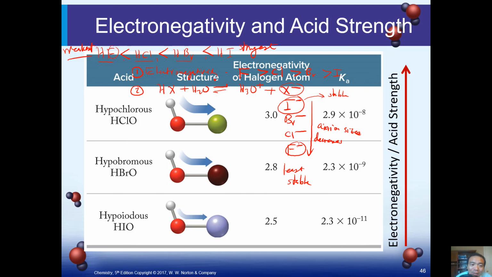So for this reason, although in terms of electronegativity HF is favored, in terms of the stability of the ion that is generated, I minus is favored. And it turns out the stability of the anion, or the product, of the I minus overrides the electronegativity. So that's why you see an unexpected trend of acidity for the HX series.